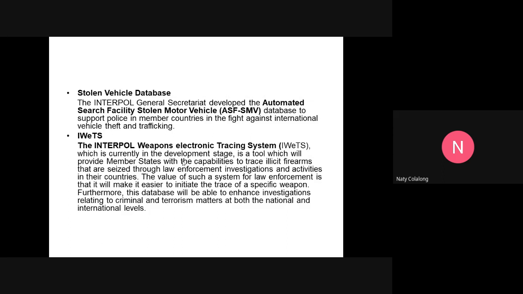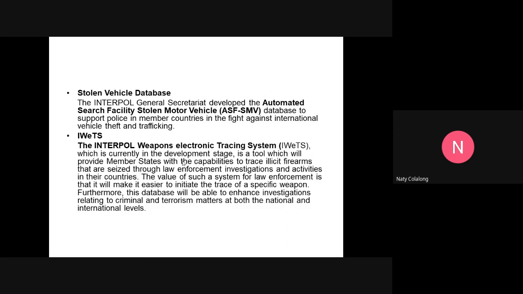And then we have the Interpol Weapons Electronic Tracing System, which is currently in the development stage. This is a tool which will provide member states with the capabilities to trace illicit firearms that are seized through law enforcement investigations and activities in their countries.